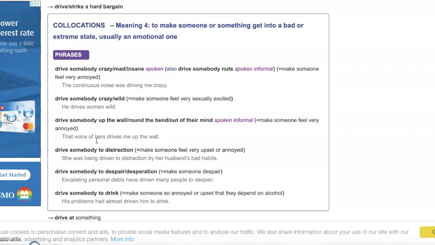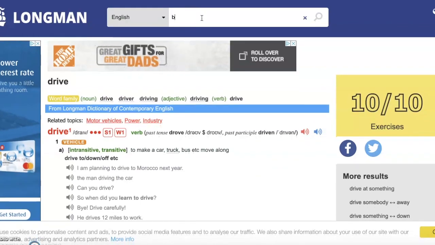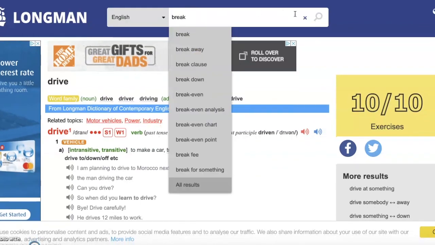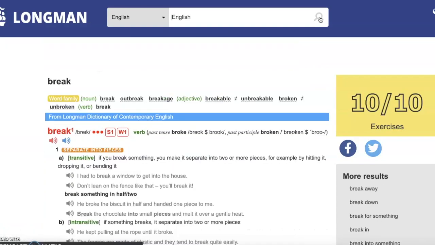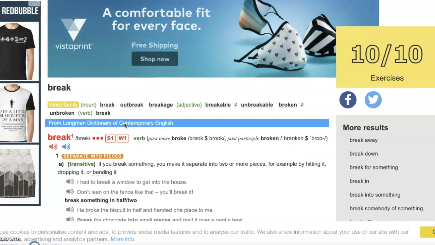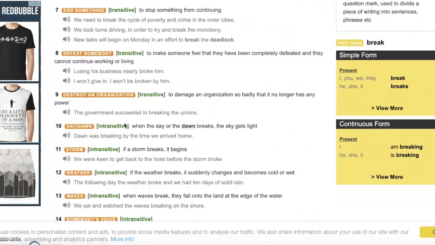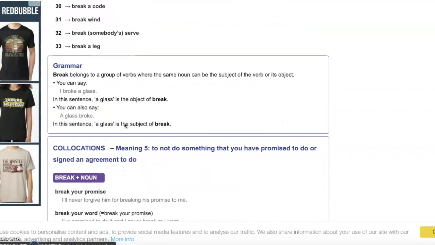Finally, we have usage and grammar points. Let's take a look. Let's look up the word break this time. So we see the word break. And again, if you scroll down, you will see a grammar guide.